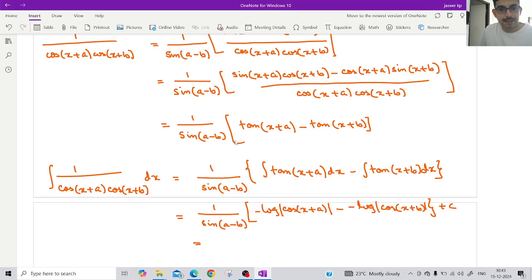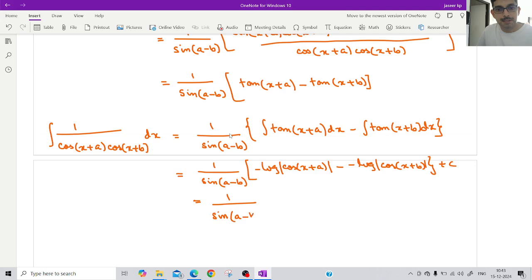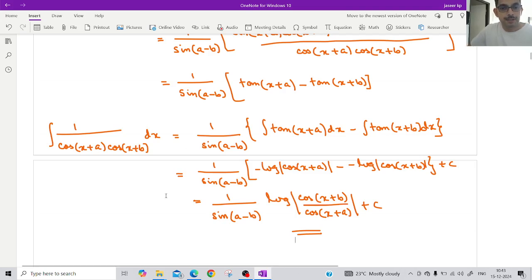So that can be simplified using properties of log. 1 by sin(a minus b) log of cos(x plus b) divided by cos(x plus a). So this will be the answer to this problem. Now we'll move to the next problem.